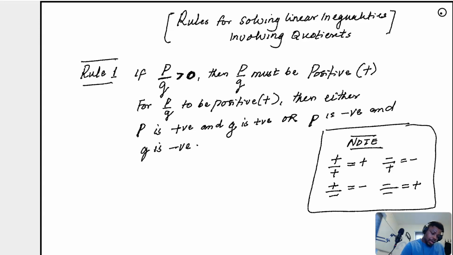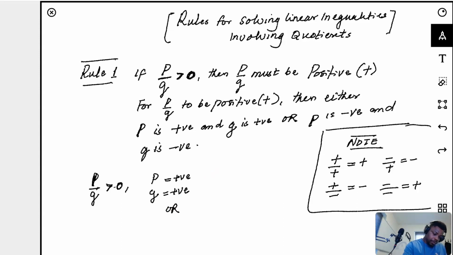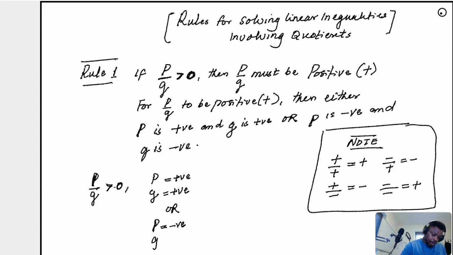Okay. So now rule 1 is saying that for P over Q to be greater than 0, it simply means P has to be positive and Q has to be positive, or P has to be negative and Q has to be negative.